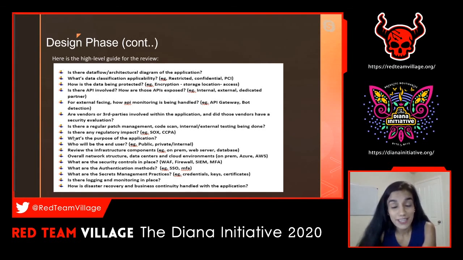There are big lists we can see right now, and I can go long on each and every list. There are many other important questions you have to ask your application owner, like infrastructure, your network security, your authentication method. It's a big list. I'm not going through all of it because of the time constraint, but yes, that's really important to keep in mind.